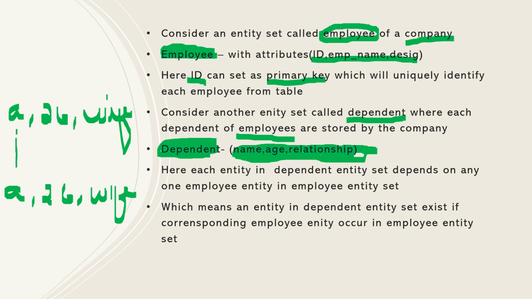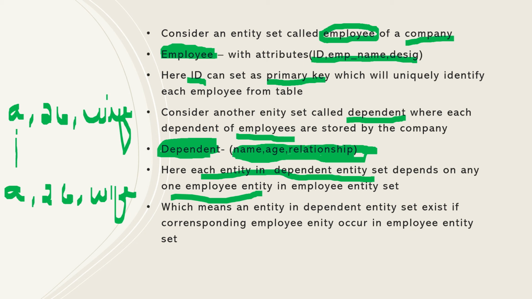So here each dependent entity depends on one employee entity. That is, an entity exists in the dependent entity set only if the corresponding employee exists, that is, if one of that person's relatives is in the employee table.